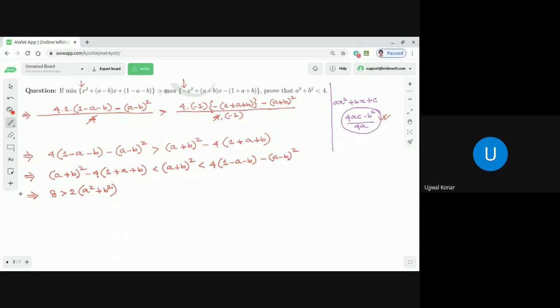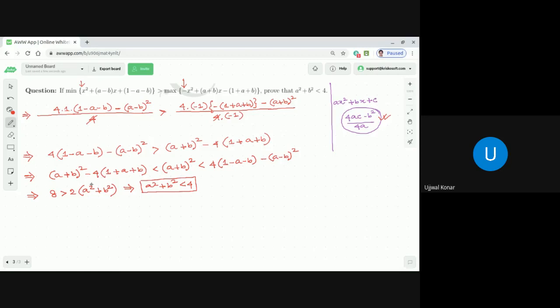Okay, and that implies a square plus b square is less than 4. You just need to make simplification, that's it, nothing else. Or if you want, I can do it also.